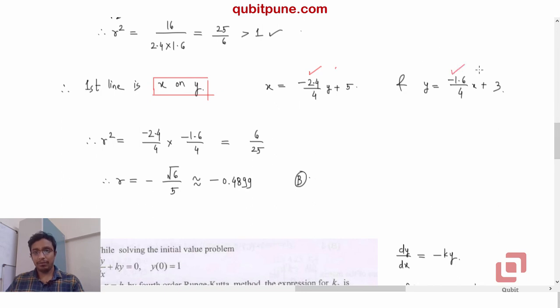So what is r squared now? We have to take the product of these coefficients, which will now turn out obviously to be 6 upon 25. So r is now root of that, so root 6 upon 5, which is 0.4899 or 0.45. But there is one more question that needs to be answered. Which square root should we take? Should we take positive or negative?